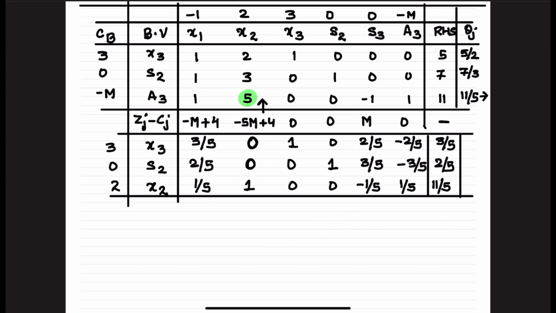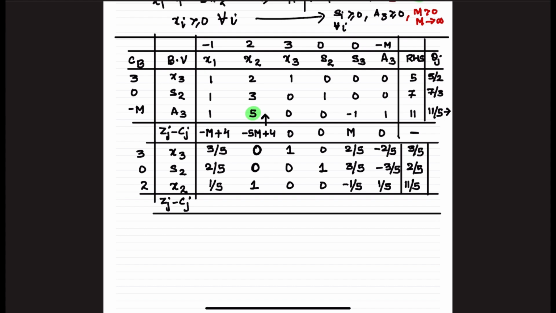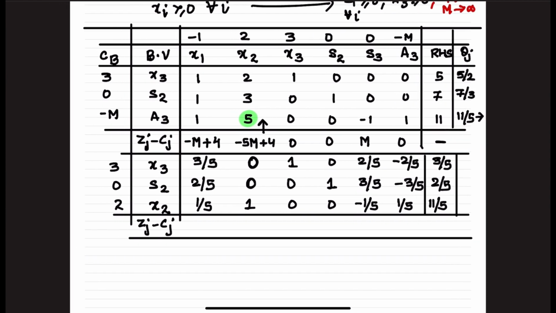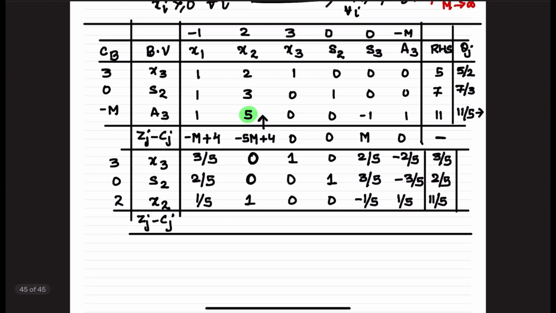Now we calculate Zj minus Cj. The value is 9 by 5 plus 2 by 5 is 11 by 5. 11 by 5 plus 1, because minus of minus 1, so that gives you 16 by 5. The next is 0. The next is 0. The next is 0.